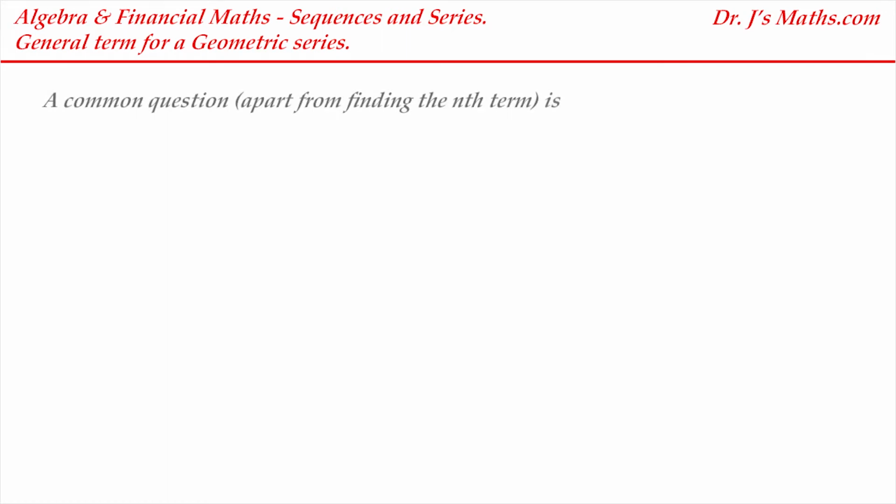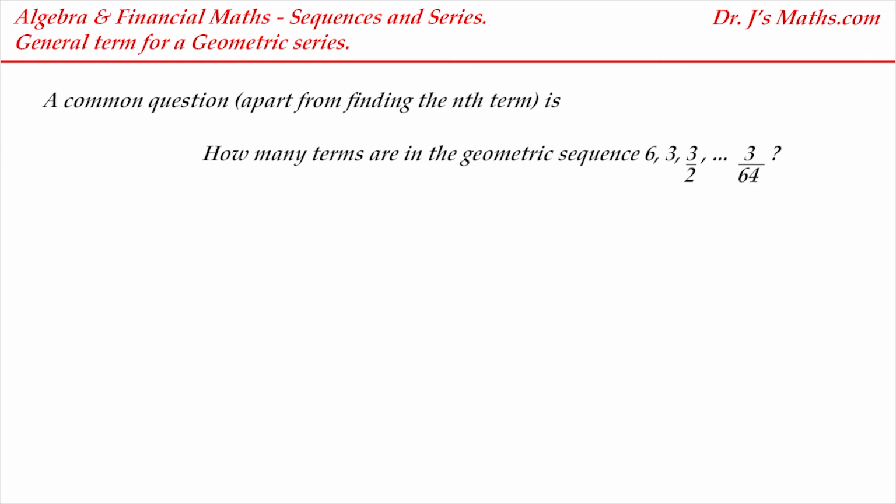A common question, apart from finding the nth term of course, is how many terms are in the geometric sequence, and they'll give you a geometric sequence. The one I'm using is 6, 3, 3 over 2, up to 3 over 64. So always the same approach.